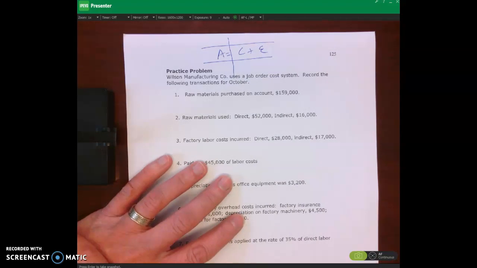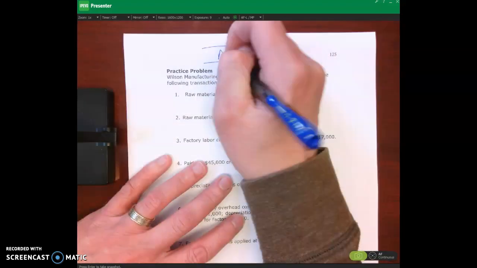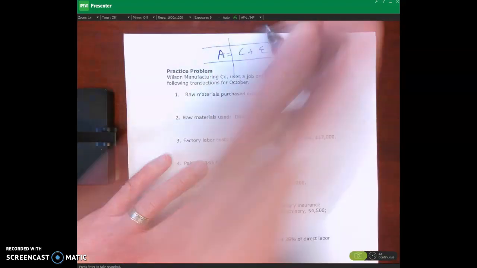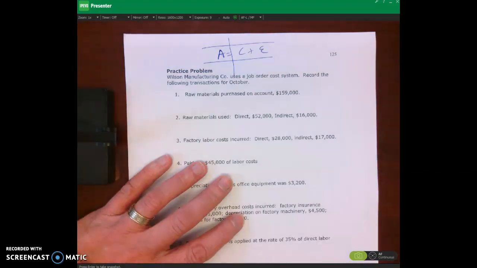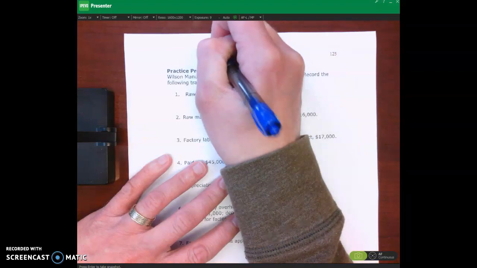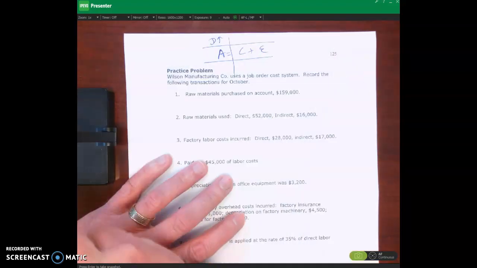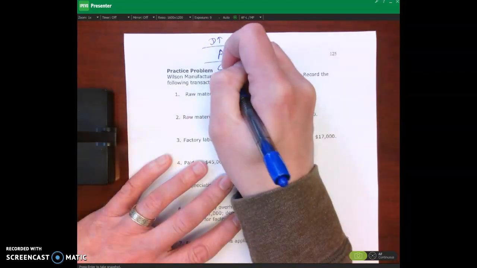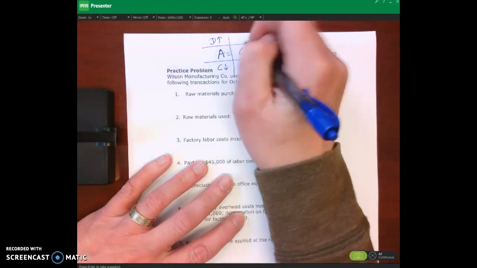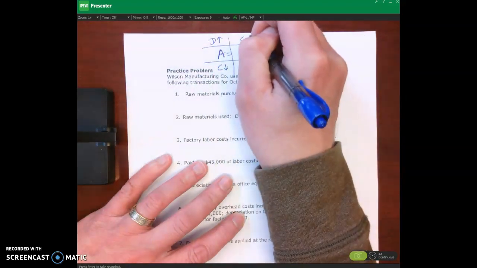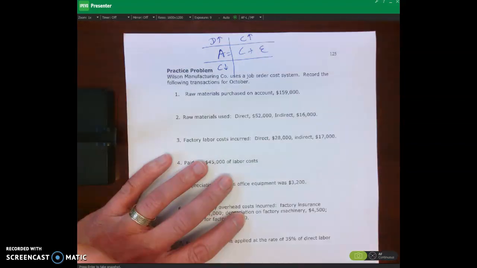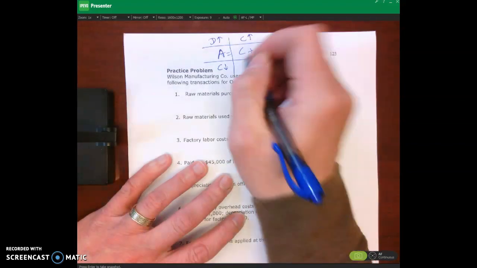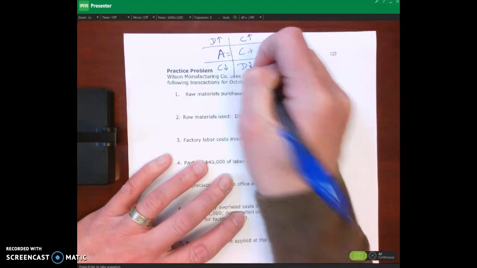And then we can overlay debits and credits onto our accounting equation. Remember, the way I increase an asset is with the debit. The way I decrease an asset is with the credit. The way I increase liabilities and equity is with the credit. And the way I decrease liabilities and equity is with the debit.